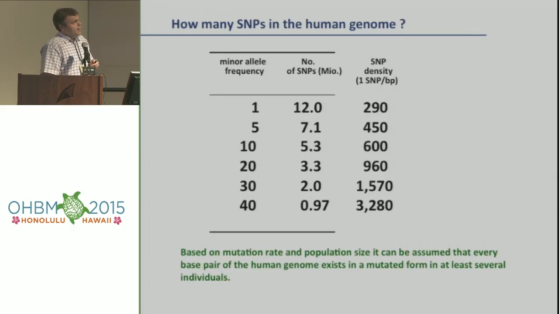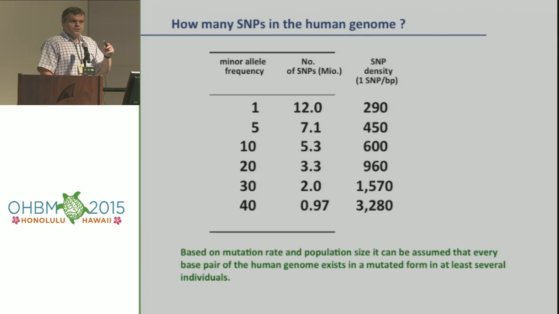Now, how many SNPs are there in the human genome? About 10 to 15 years ago, people really systematically looked for the amount of SNPs that are in the human genome, and you can subdivide those SNPs according to their minor allele frequency. So usually everything that has a minor allele frequency of 1% or more is called a SNP.